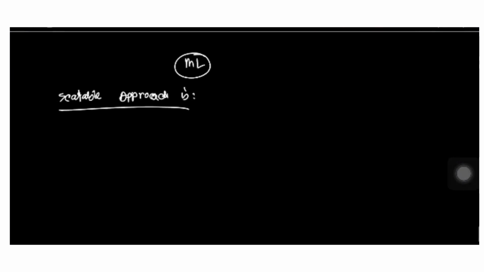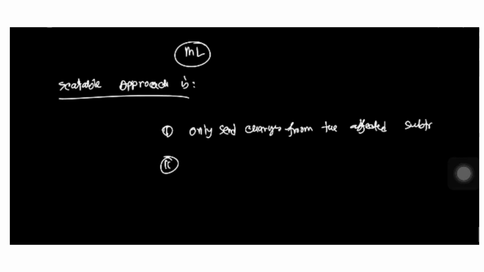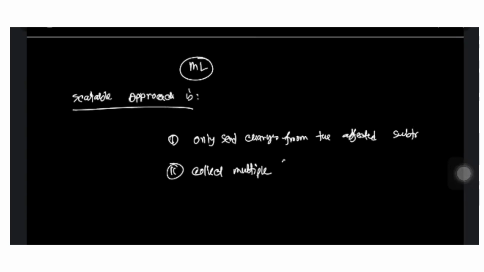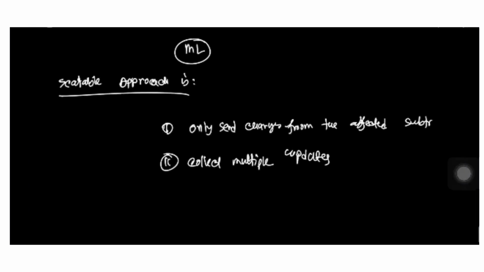Our scalable approach is, number 1, only send changes from the affected subtree, and number 2 is collect multiple updates and send them together after some time, which we call batch update.